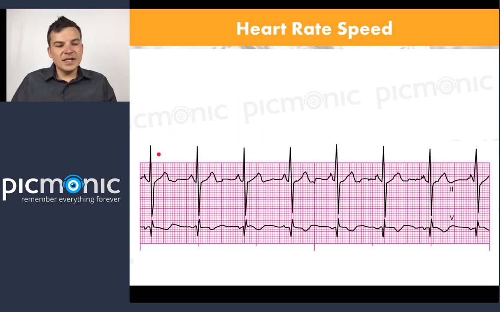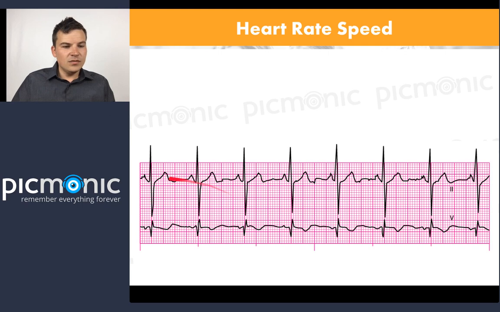One of the next things is let's try an example of our heart rate speed here. So here's our 6-second ECG. What's the heart rate here? What do you think the heart rate is? Well, what you have to do is count. You could count the distance between the R to R, but that takes too long. We need to be fast. You only get 1 minute and 20 seconds on these questions when you're taking your boards, right?